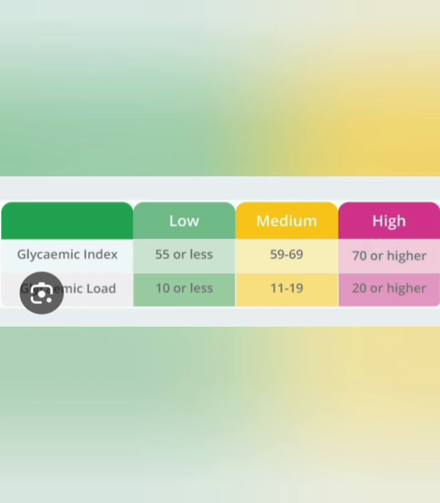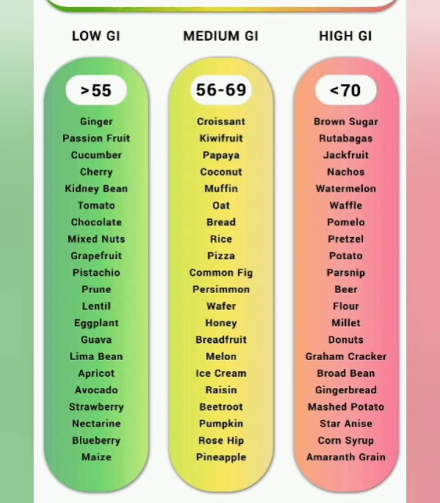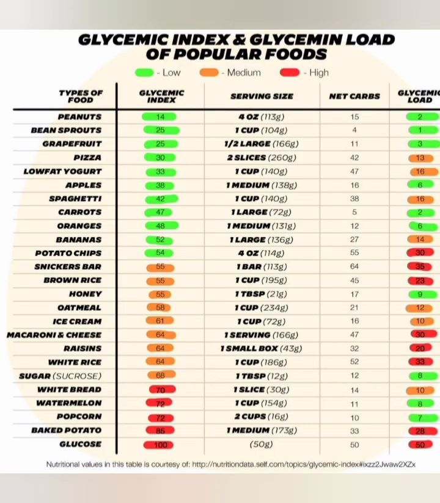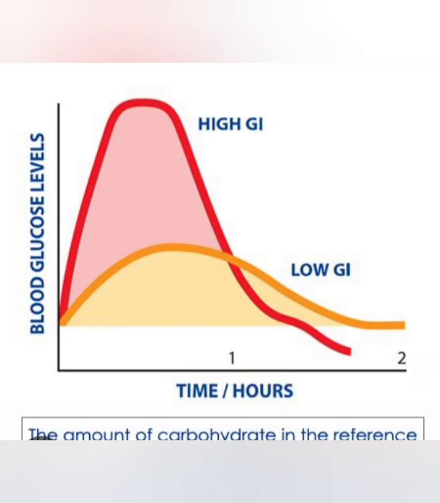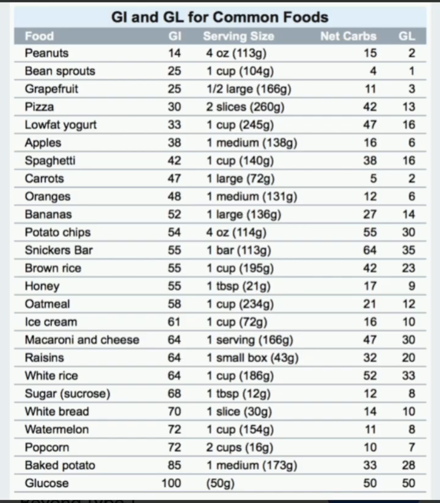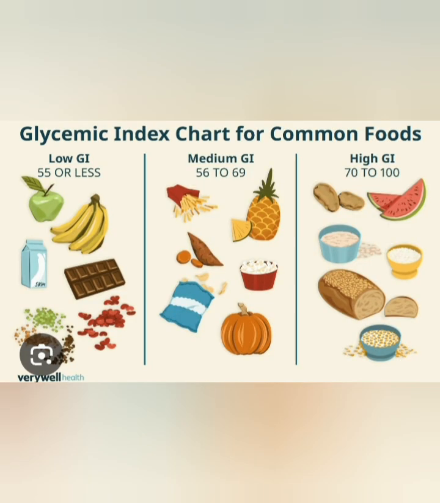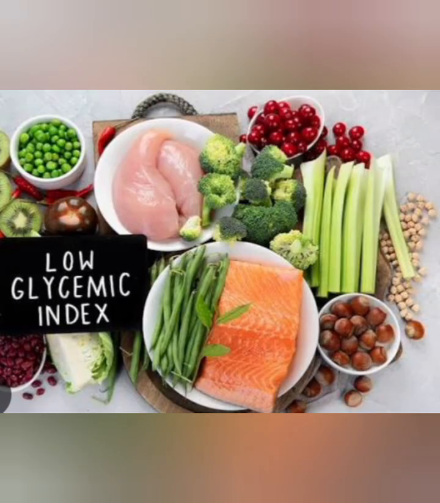Glycemic index and glycemic load are two related but distinct concepts that help us understand the impact of carbohydrates on blood sugar level. Glycemic index measures the rate at which a food raises blood sugar levels compared to pure glucose, on a scale of 0 to 100, and focuses on the type of carbohydrate in a food.